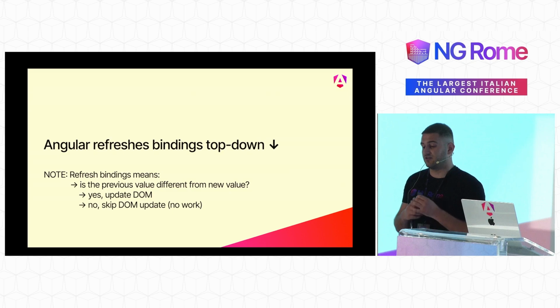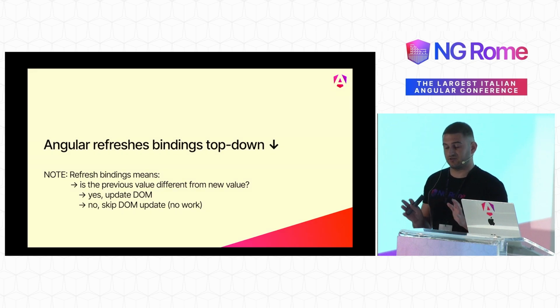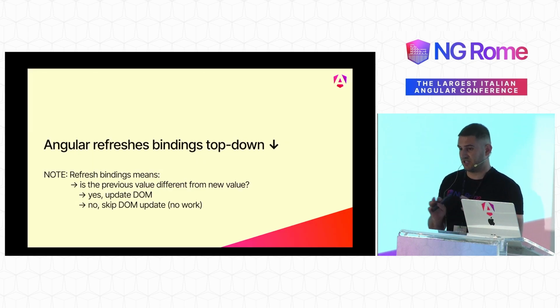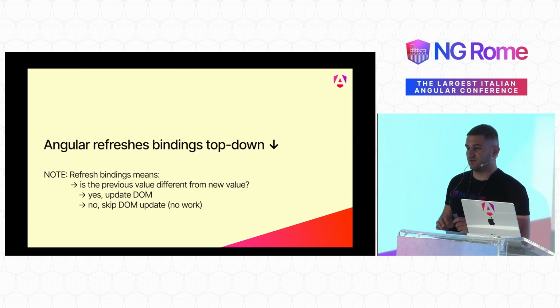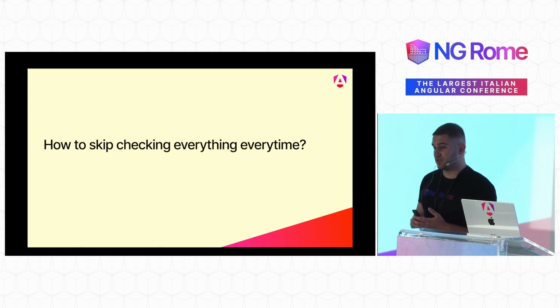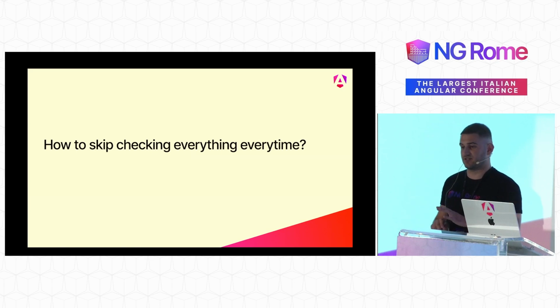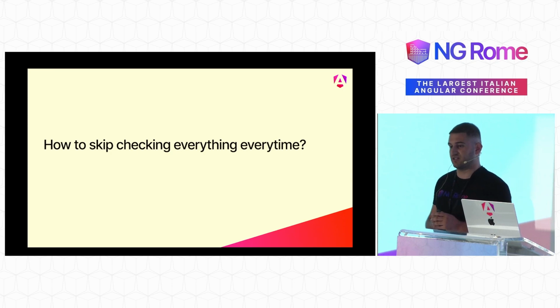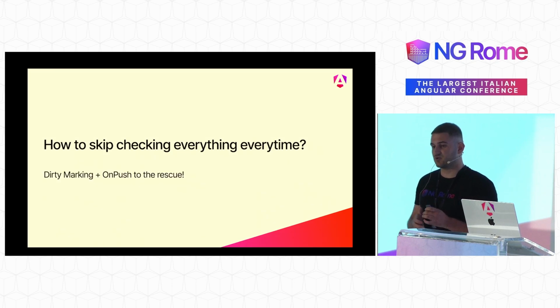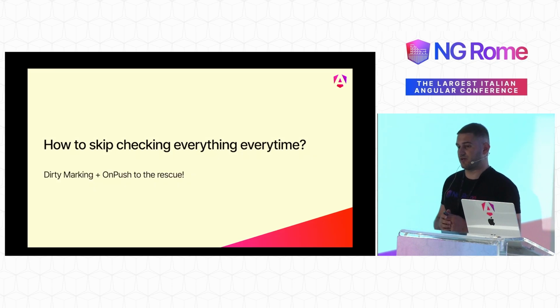And as I said, refreshing bindings means if the previous value is different from the new value, update the DOM; if not, skip the DOM update, no work. But how do we skip checking everything every time? We saw that all the tree was green, so it means it was checked, and if something changed, it updates the DOM. And that's where dirty marking and OnPush come to the rescue.